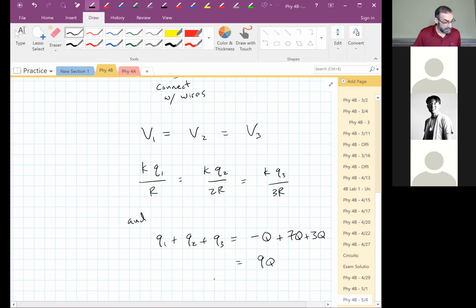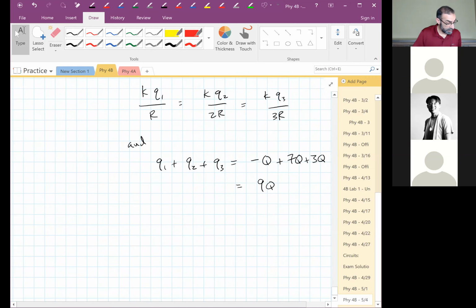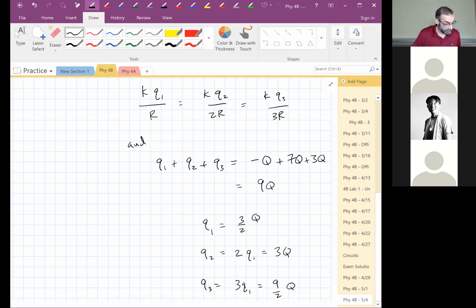Okay? So if you go through and do this, I'll let you do some algebra. But what you end up with is Q1 for the 1R radius is 3/2 of Q, and Q2 is twice as much, which is 3Q, and Q3 is 3 times Q1, which is 9/2 Q. So you can go through and check that later.